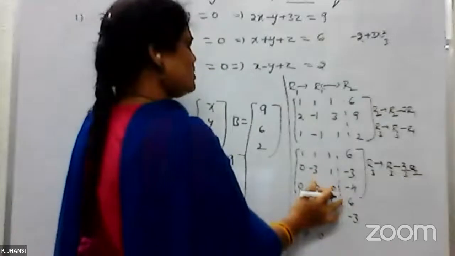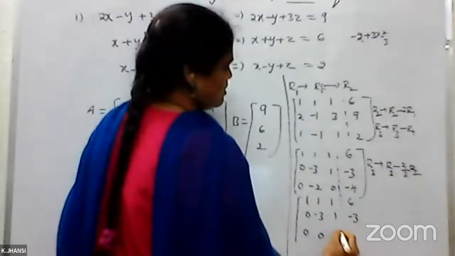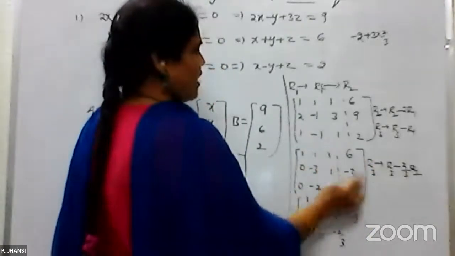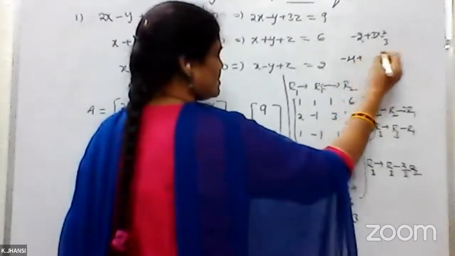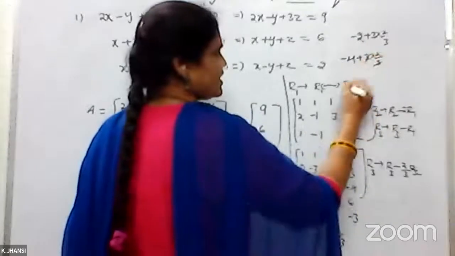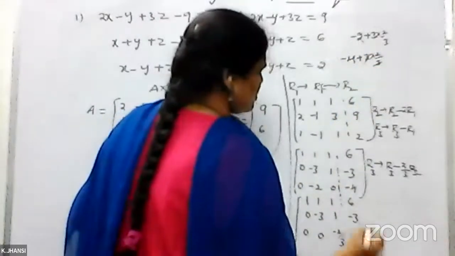Next 0 minus 2/3, that is minus 2/3. Next minus 4 plus 2 gives minus 2.